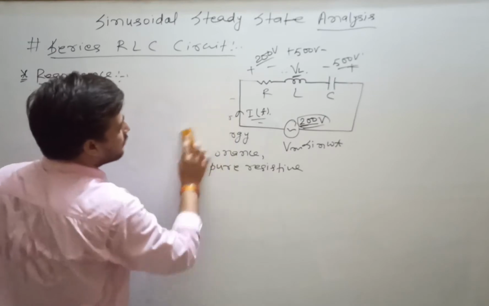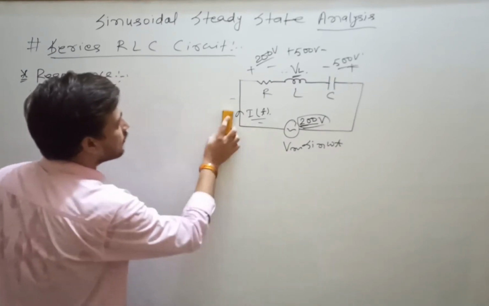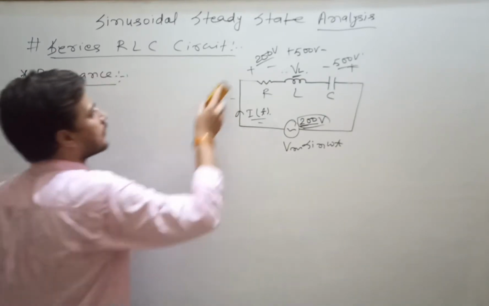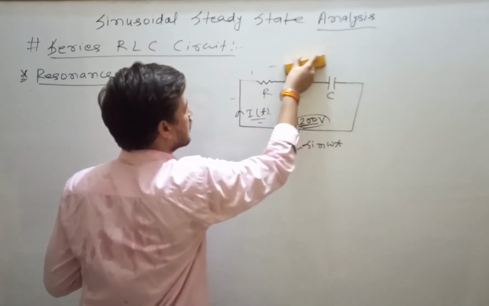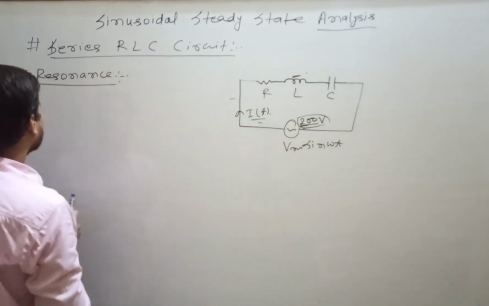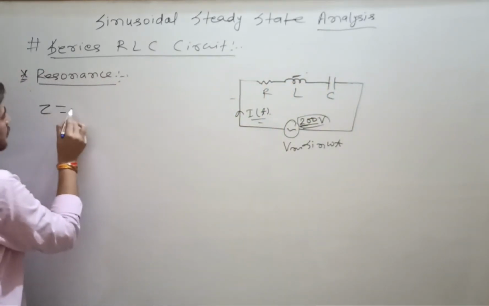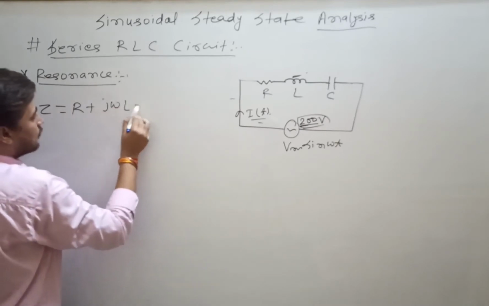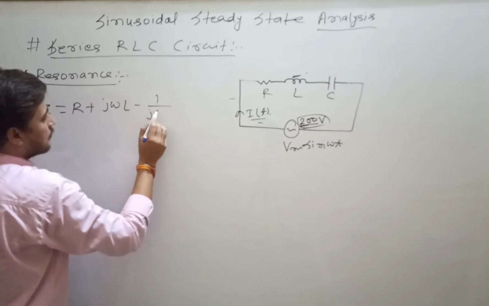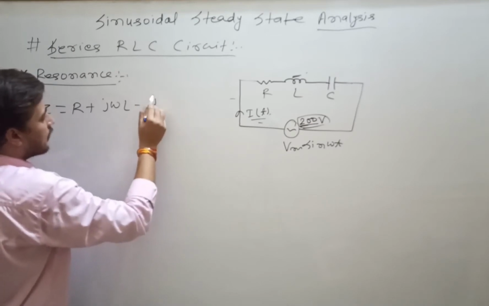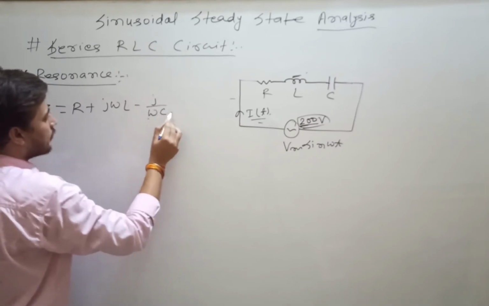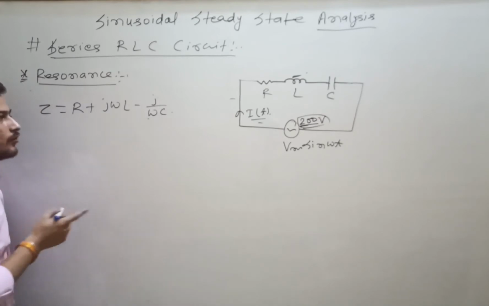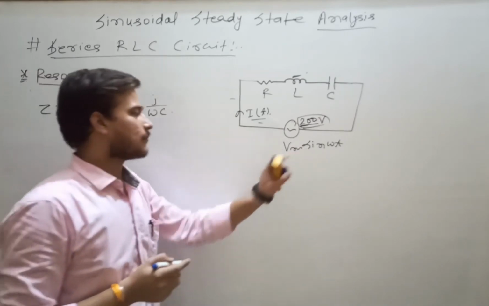For this, I am writing the impedance of this RLC circuit. Impedance is equal to R plus j omega L minus 1 upon j omega C. Clear? Omega is the frequency of supply.